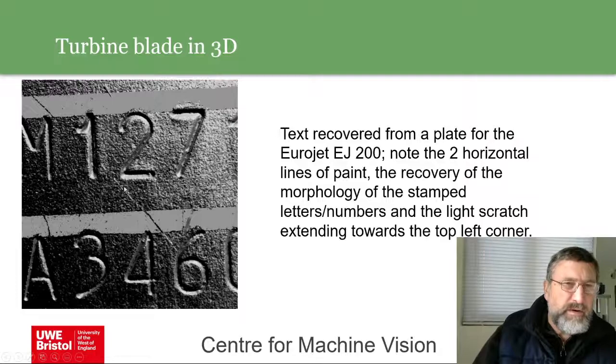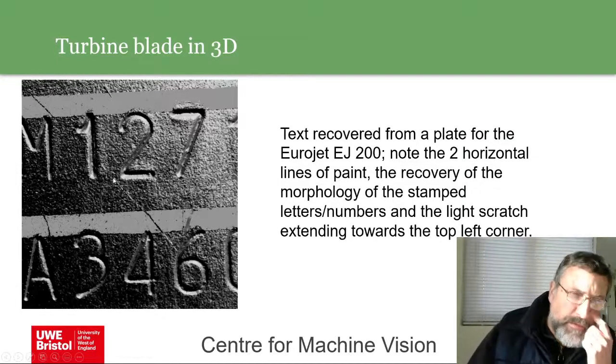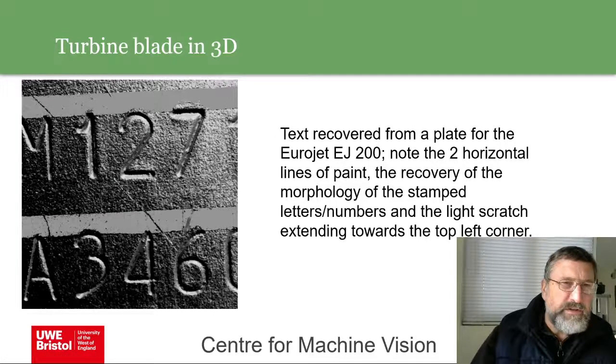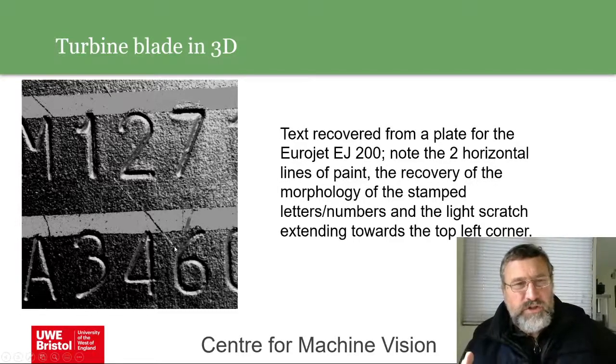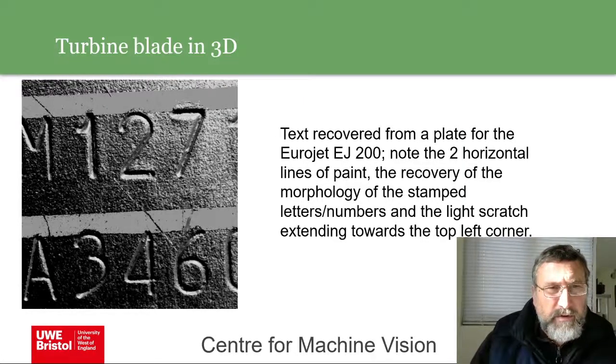Whereas over here, the light is shining brighter off the lower surface, or the surface more to the left of this groove. This is helping us identify that this is a groove in the metal, while this other one is just a scratch in the paint. And again, the groove continues here. So it's giving you what we call rich data. It's giving you lots of 3D data, which allows you to work things out about the surface.